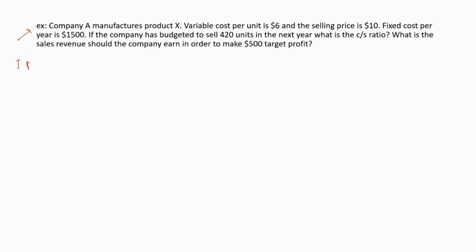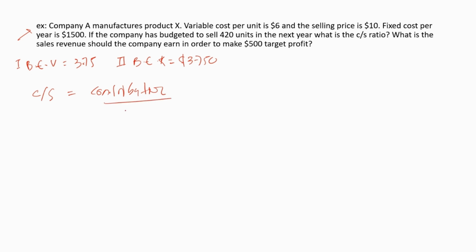So now we know the break-even volume is 375 units. Break-even revenue is equal to $3,750. Now what we have to calculate is the CS ratio. CS ratio is equal to contribution divided by the sales revenue.